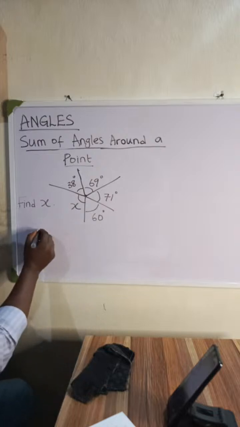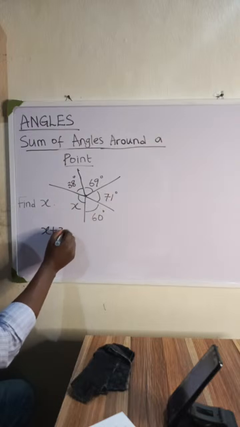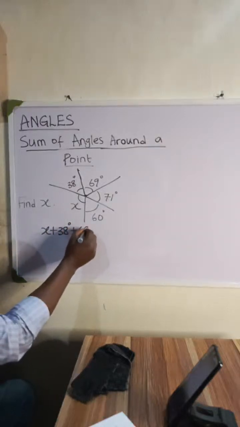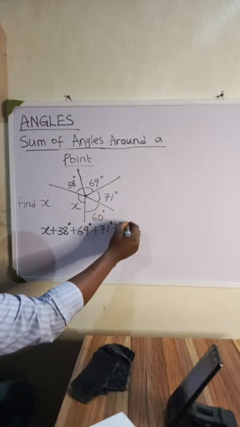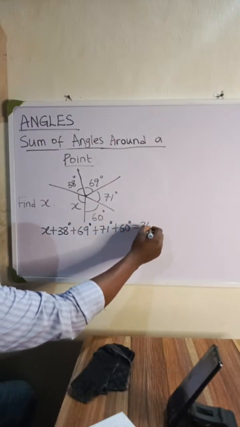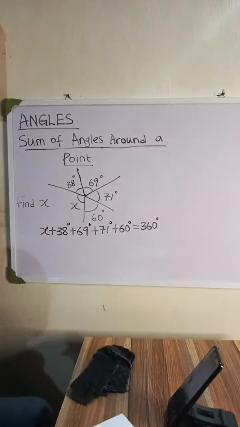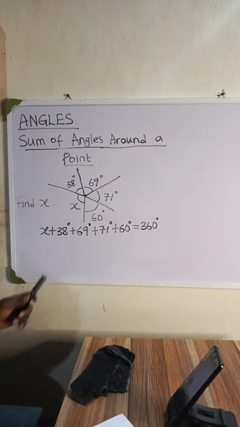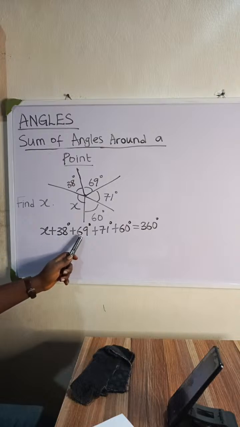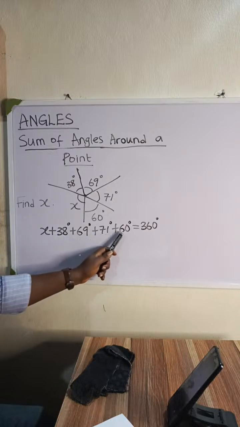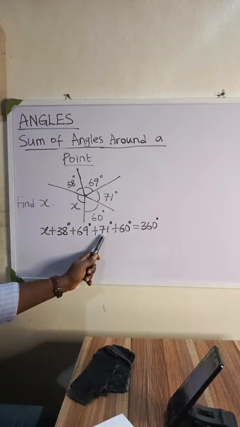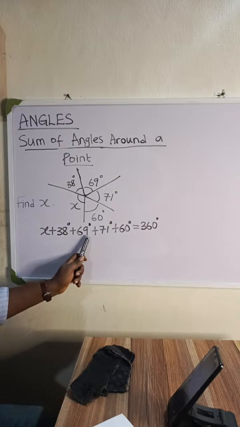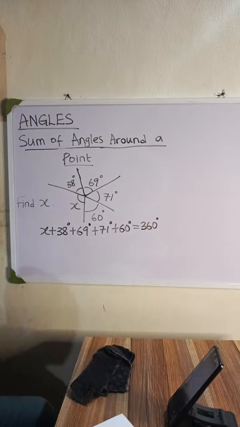So we have x plus 38 degrees plus 69 degrees plus 71 degrees plus 60 degrees is equal to 360 degrees. So 38 plus 69 plus 71 plus 60. This is 131, 140, 200, 238 degrees.